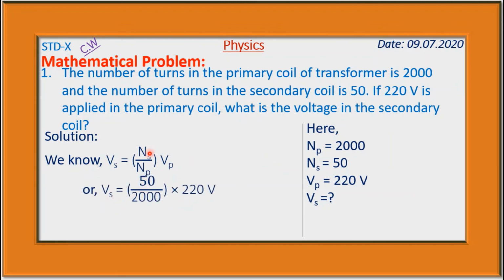Here Ns is 50 and Np is 2000, so Vs = 50 divided by 2000 into Vp, which is 220 volt. After calculation, this is 5.5 volt. That is, the voltage obtained in the secondary coil is 5.5 volt.